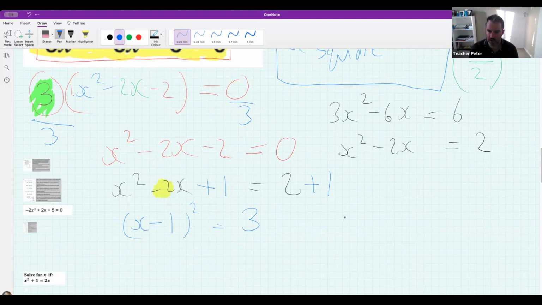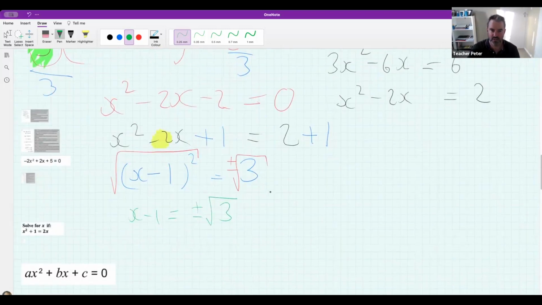So last bit, what are my answers going to be then? If x minus 1 squared is 3, what are the final answers going to be? Now I have to square root both sides. And then I'm going to get x minus 1 is plus or minus the square root of 3. But what are my final answers as decimals?